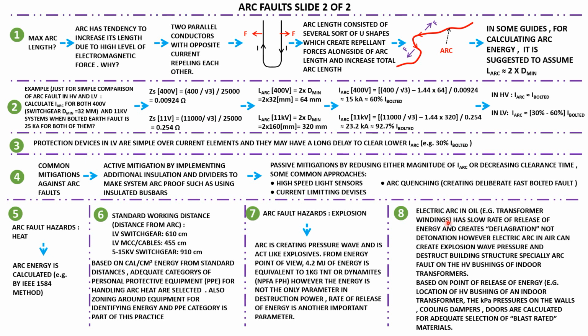For example, in a transformer with oil, we have a lot of energy releasing in the arc inside the windings, and it ruptures the tank, but the rate of release of energy is not very fast and is in the category of deflagration, not detonation.